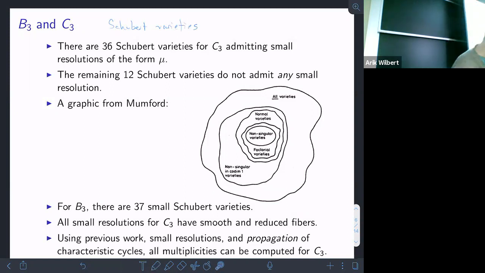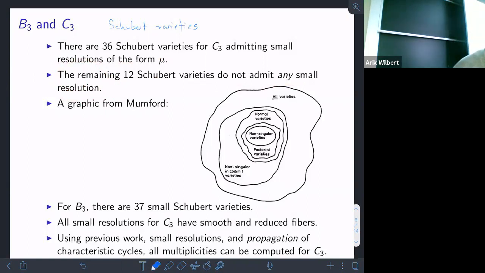It's possible to go through all of the Schubert varieties in C3 and find that there are exactly 36 Schubert varieties with small resolutions, and it's of the same form that I'm talking about, no tricks going on here. You can also conclude that the remaining 12 Schubert varieties do not admit any small resolution. Not just of the form mu, but there's no small resolution at all.